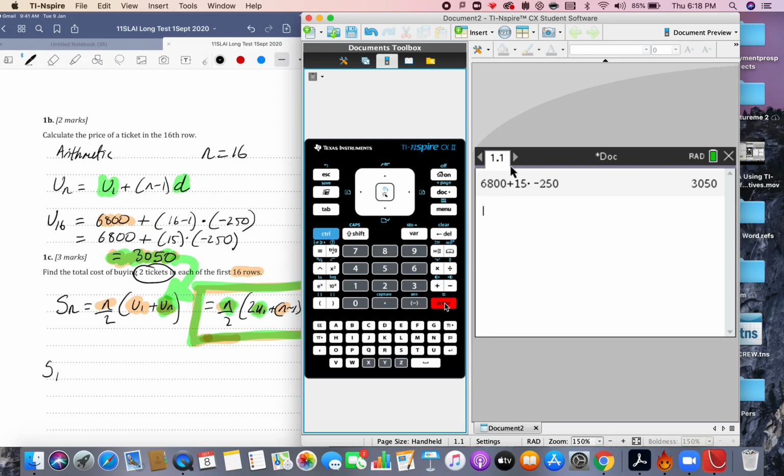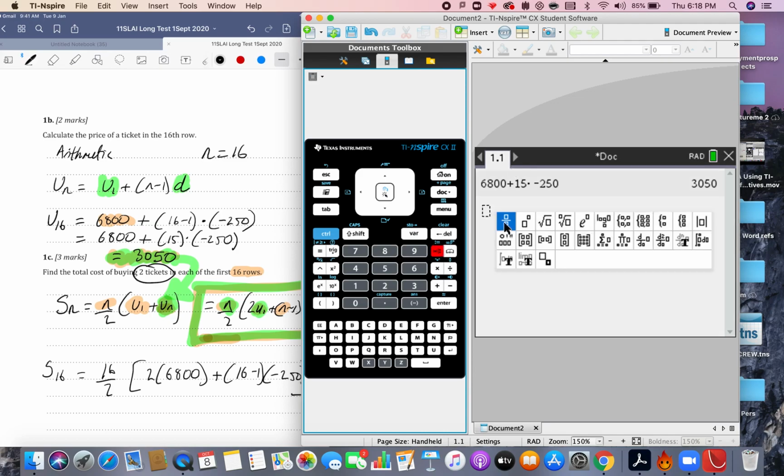So S of 16 equals 16 over 2 into 2 open bracket U1 plus n minus 1 times by D. Remember that negative, okay? You can type that straight into your calculator like that, or you can play around with it. I'm just going to go exactly how it is. So I'm going to open my bracket here.